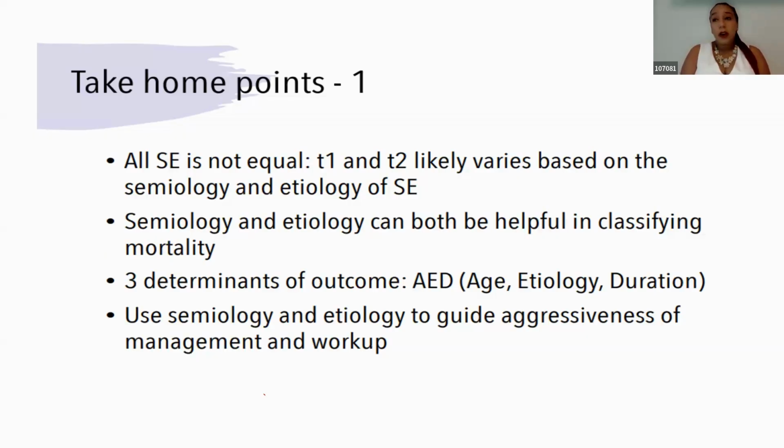Use semiology and etiology to guide aggressiveness of management and workup. When a patient is fully awake, you may not need to be as aggressive as when they're comatose. But again, if you don't intervene as soon as possible in those patients that are awake, they may go ahead and enter that comatose state and increase their case fatalities.